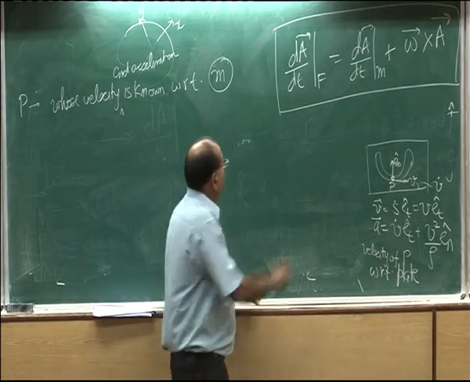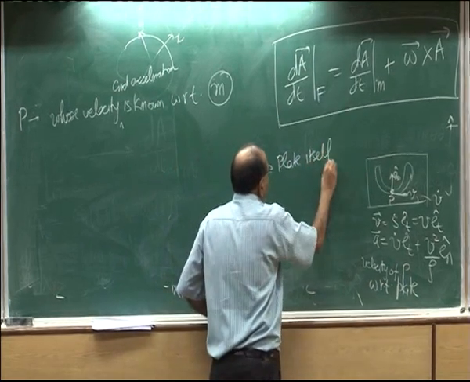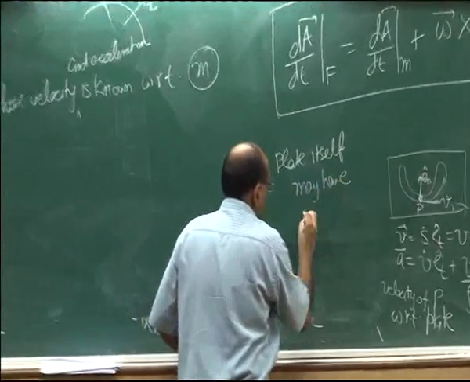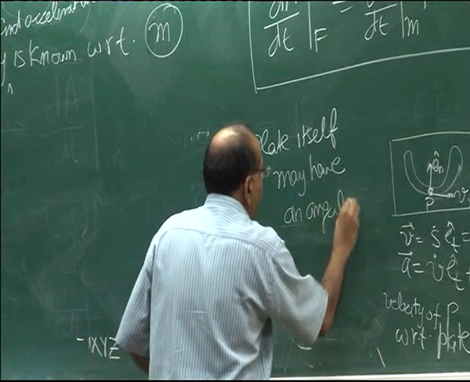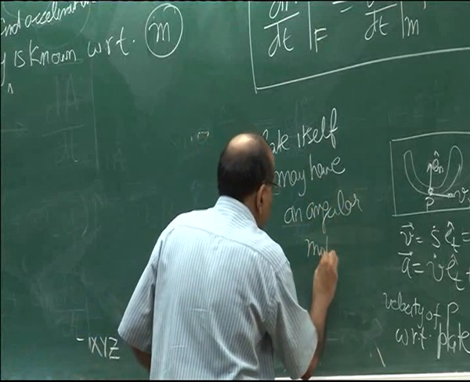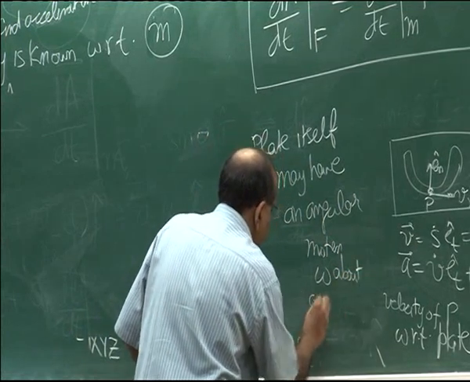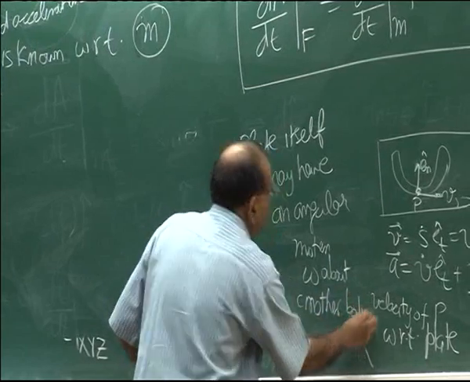Okay. Now the plate itself may have angular motion omega about another body.